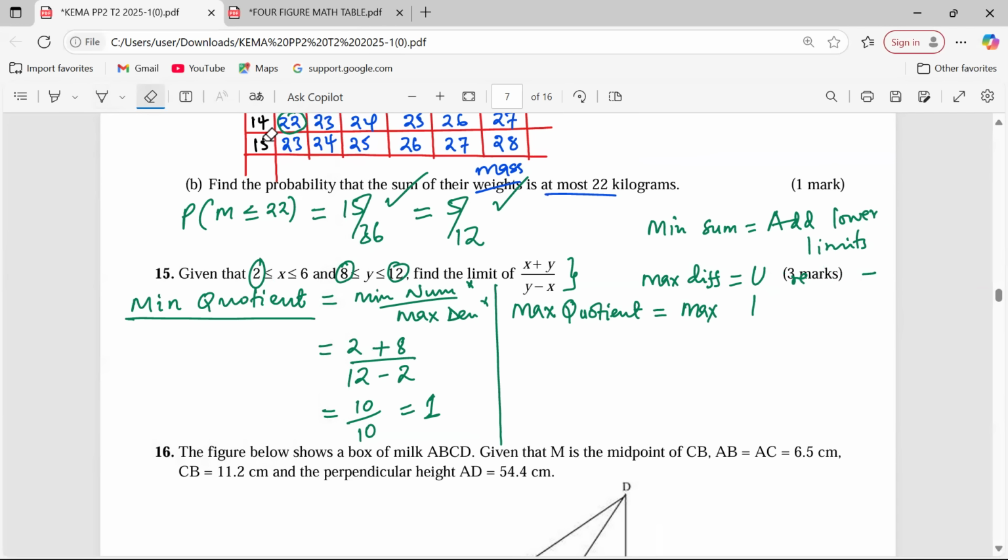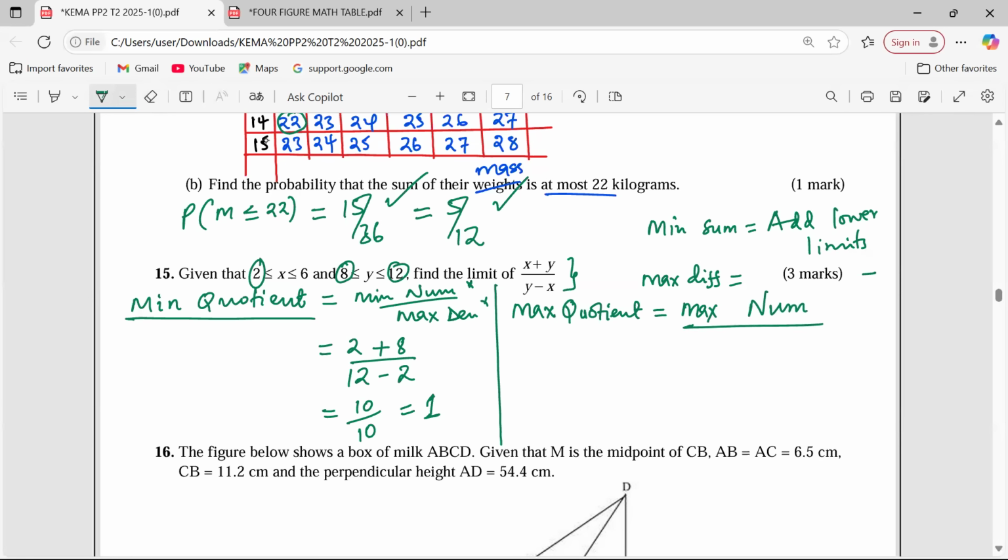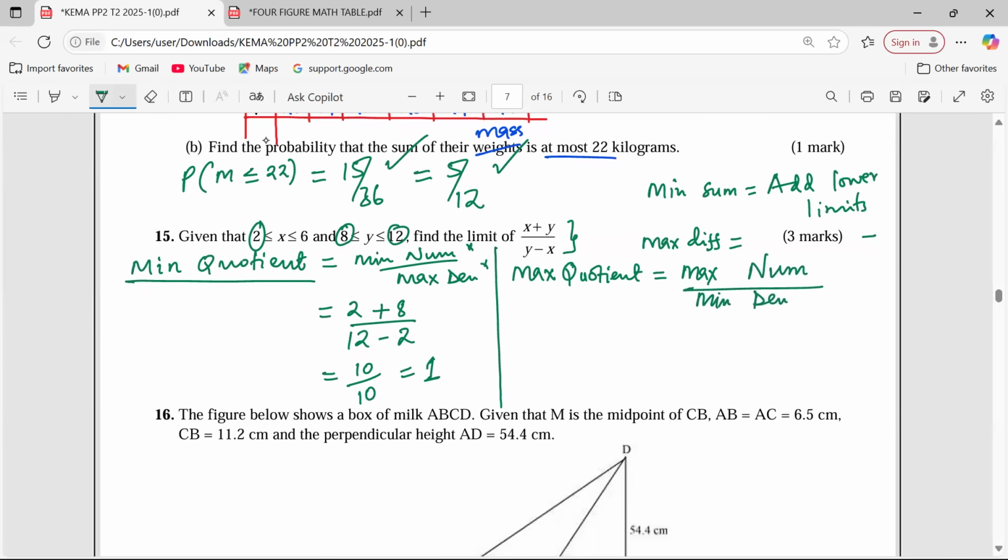I'm looking for the maximum quotient. So I need the maximum numerator, but this one should be divided by the minimum denominator, the smallest possible denominator.